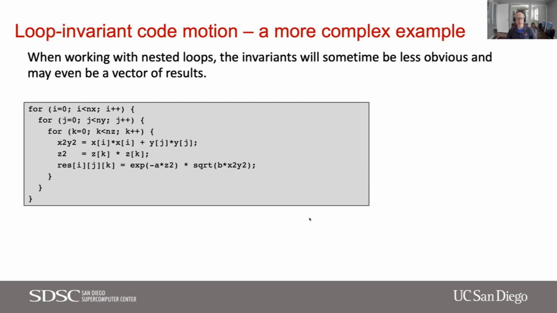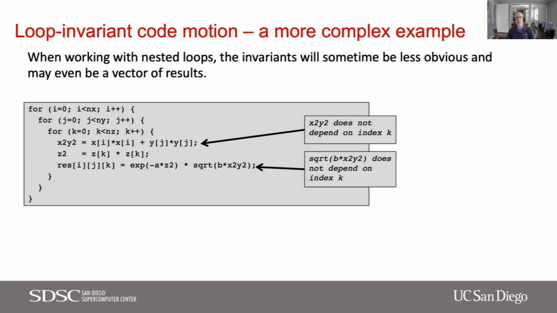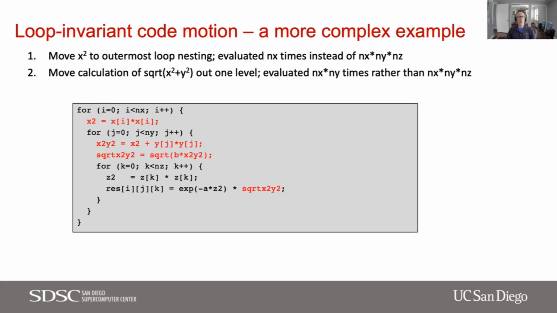So if we look at this, we will notice, first of all, the scalar x2, y2 does not depend on the index k. So that means in that innermost loop, we're calculating that over and over, but we don't need to. Similarly, the square root of b times x2, y2 does not depend on the index k. So what we can do is take that calculation, x squared, and move it to the outermost loop nesting, because it's not going to depend on j or k.